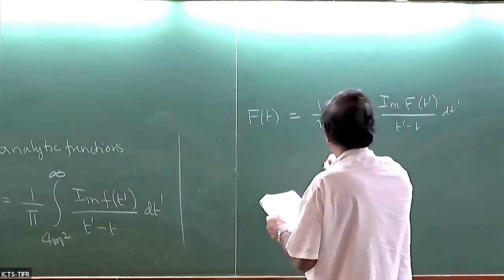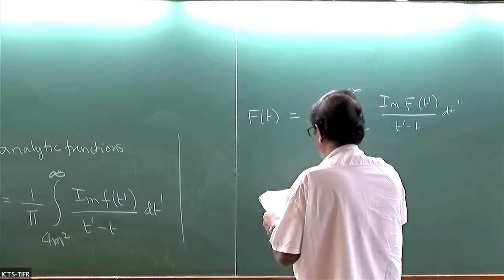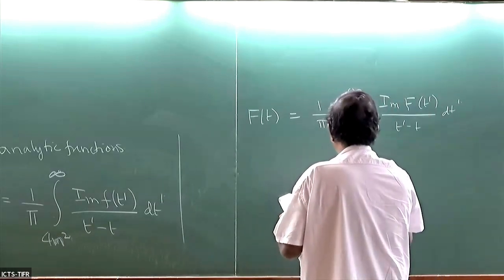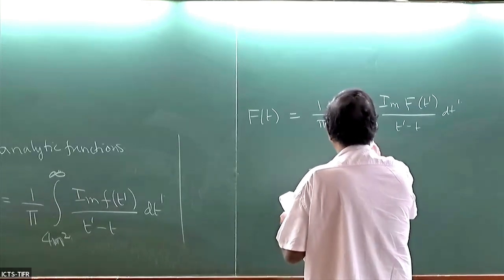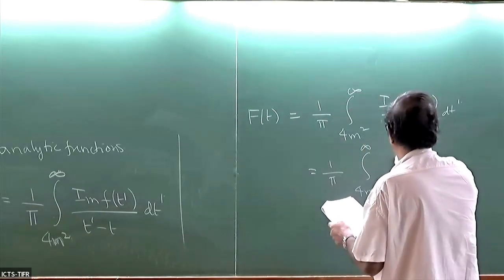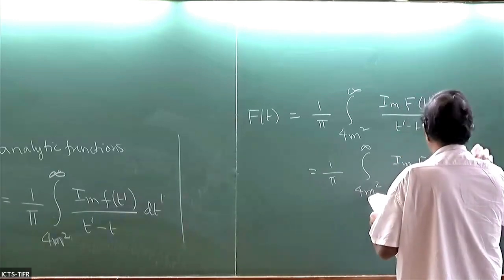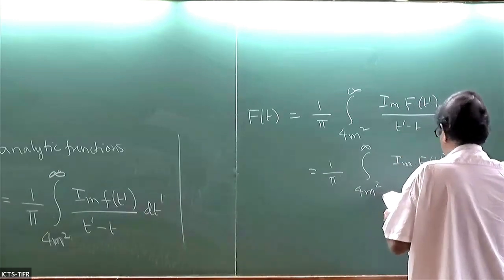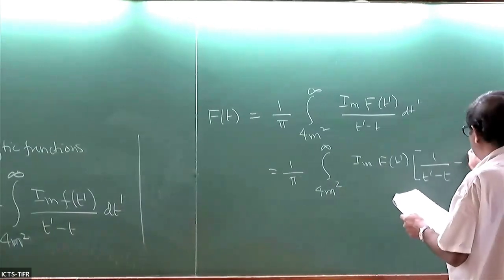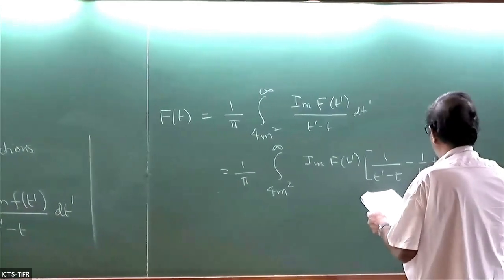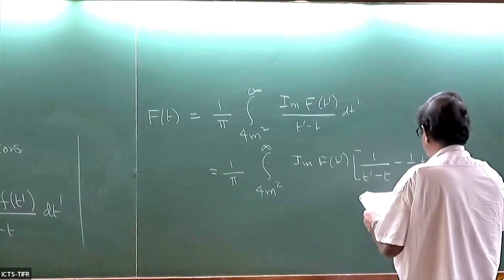What I'm going to do is simply add and subtract a term to this, assuming that, see, we physicists don't mind adding and subtracting divergent quantities to get perfectly sensible answers. It would, of course, break Dirac's heart, but he's not here anymore, so we don't worry about him. 1 by t prime, like so.